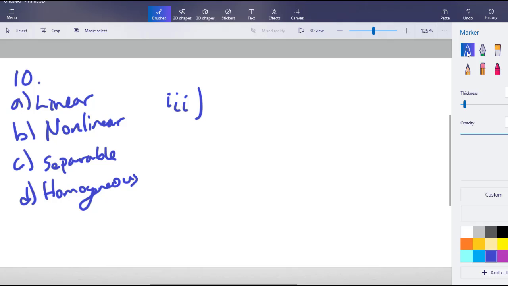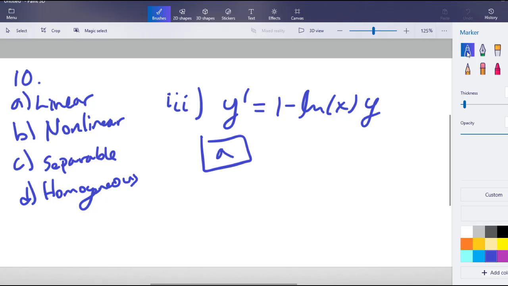On part 3, we're given y prime equals 1 minus the natural log of x times y. Y and its derivatives appear in separate terms to the power 1 in the numerator, so this is linear. It is not separable, and it is not homogeneous, so again, that's it.